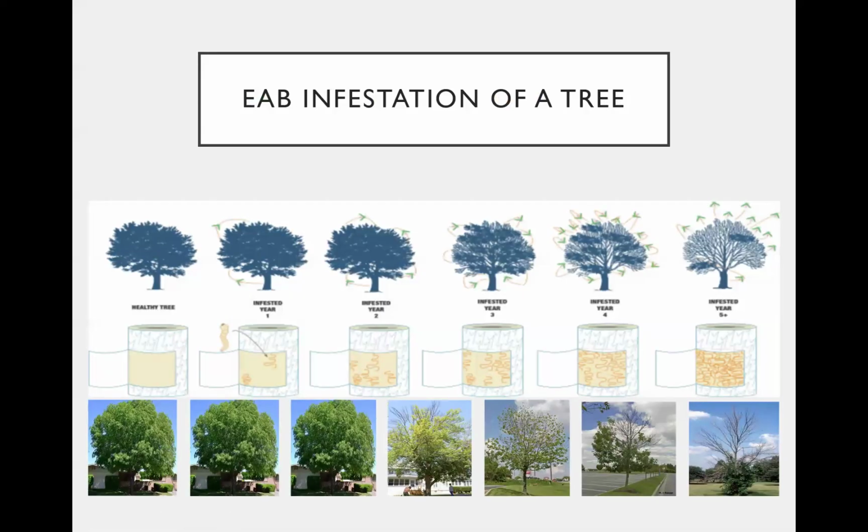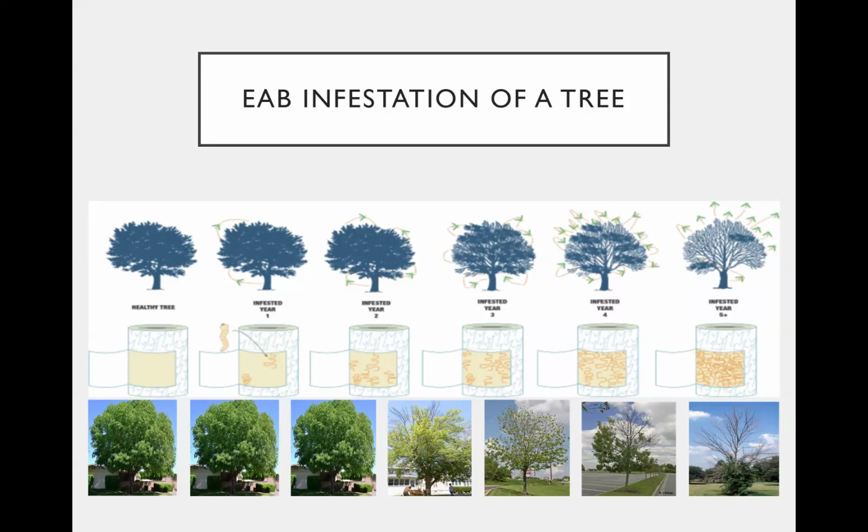So, emerald ash borer infestation of an ash tree. I talked a little bit about this, but how do we know that an ash tree is infested with emerald ash borer? And what does that look like once it's infested? So an ash tree, prior to emerald ash borer being in the area, had no non-native pests.